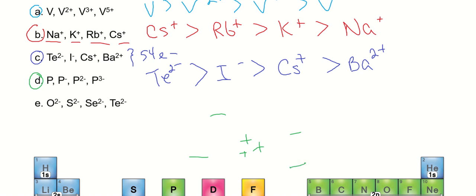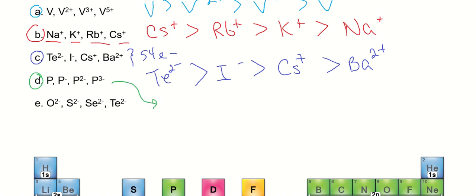When you add an electron, it's going to increase the repulsion to the electrons that are already there. And not only that, all of those electrons are going to experience less of a nuclear charge because now you have another electron joining the party. So those atoms and ions are going to puff up.